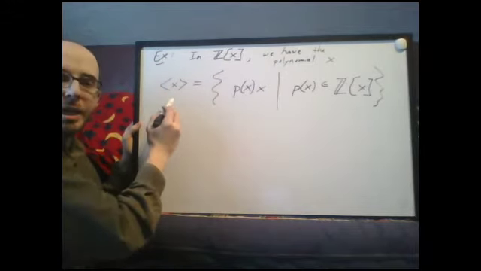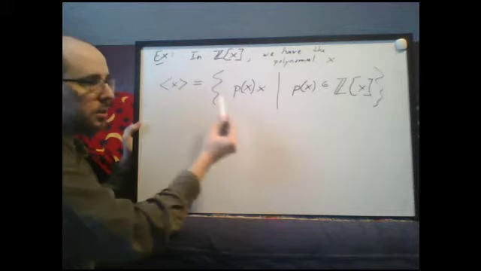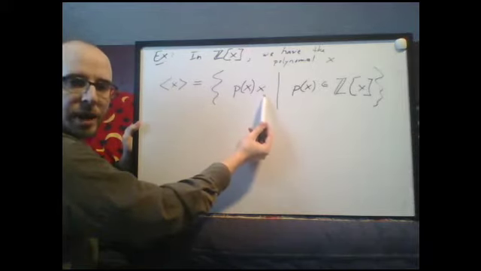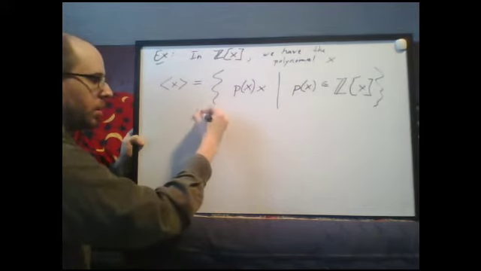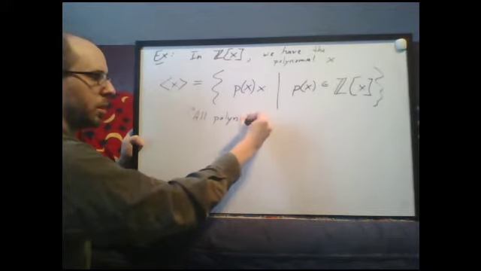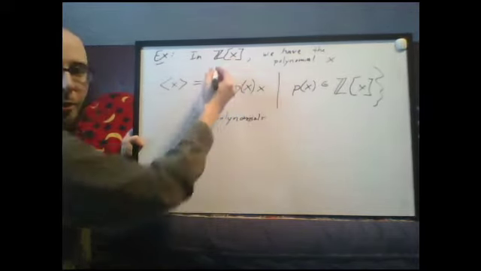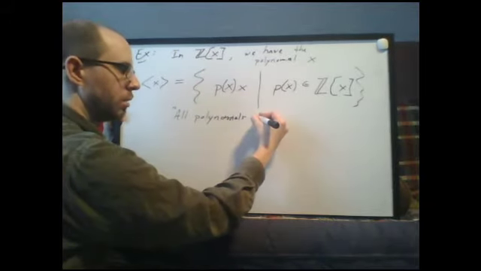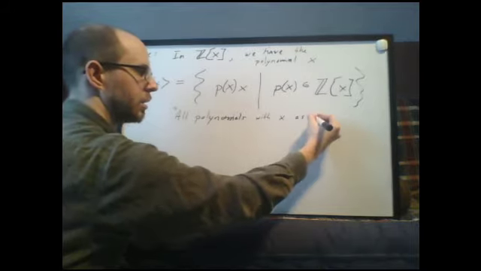So what this is, is the set of all polynomials that have x as a factor. Let me write that in. Set of all polynomials with integer coefficients because of the Z, with x as a factor.